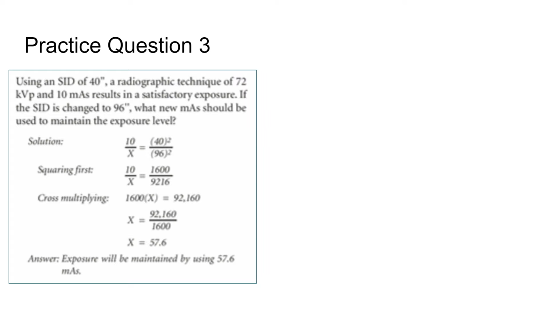Remember though, if the SID either doubles or halves, then you can do the math in your head, right? Because either things will quarter or quadruple, right? It's when you have a question that says the SID changes and it only changes by like 6 inches, then you have to plug in the numbers.